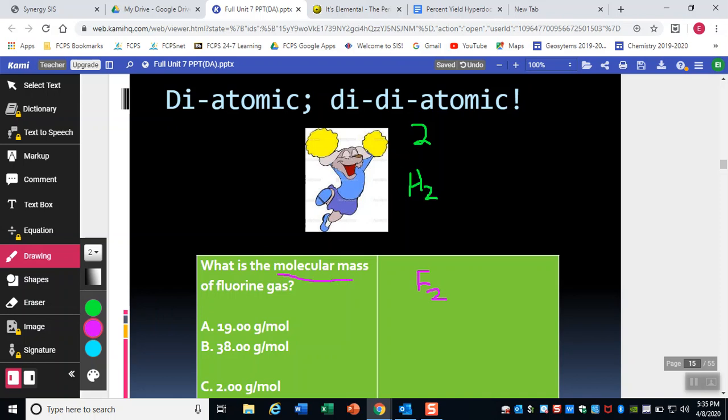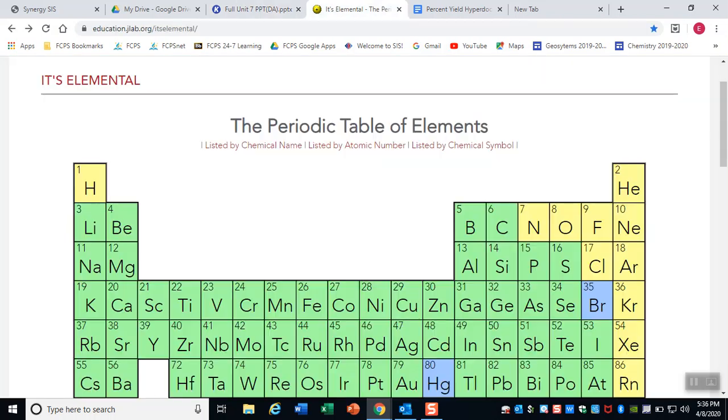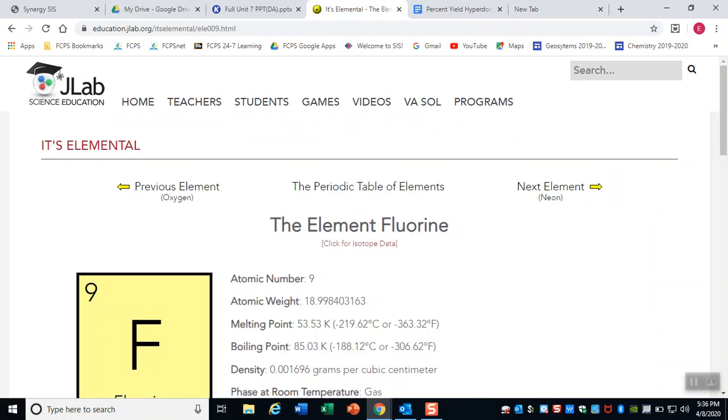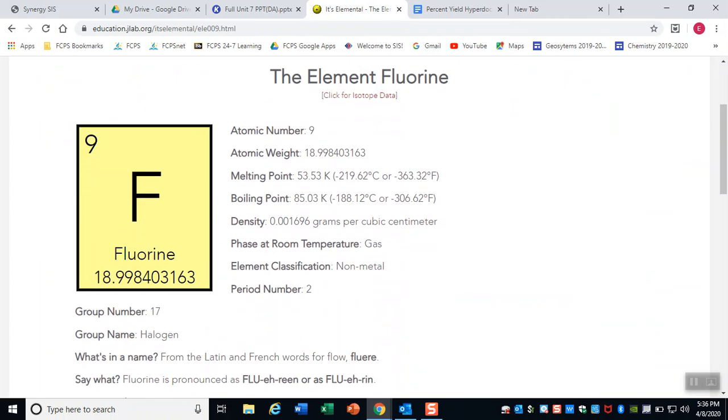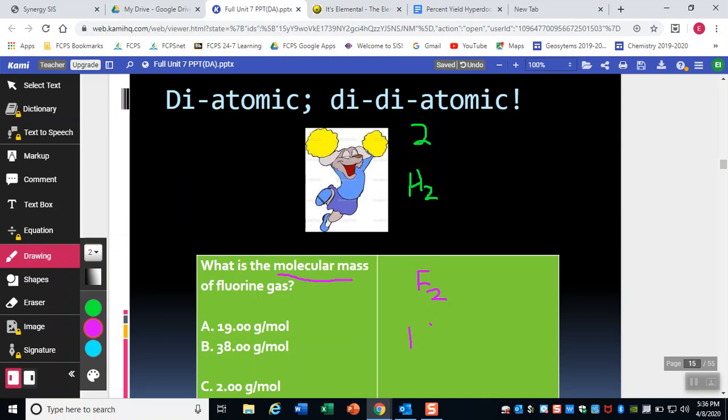So if I want to know the mass of fluorine, I have to remember that I'm not just going to have 1 atom, I'm going to have 2. If one fluorine is 18.99, which I'm going to round to 19, this little subscript here, this 2, means I have 2 times 19 grams, so I have 38 grams per mole.